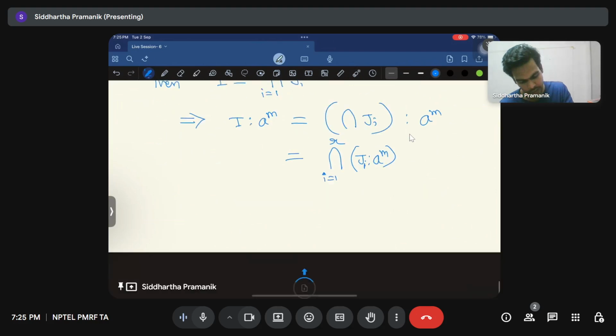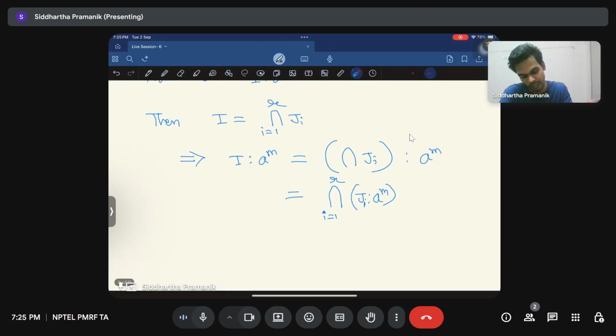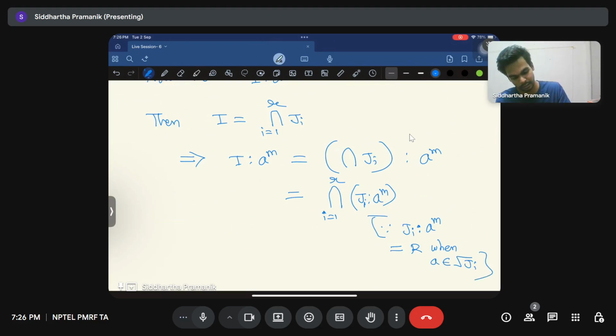But what is this Ji colon a power m? This will be the same as R when a is in the radical of Ji. You can check this.